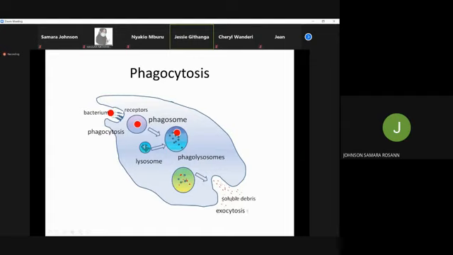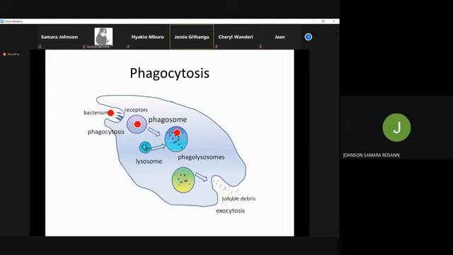And now this will be able to enter the blood and go through the kidneys and be excreted, usually through the kidneys out of the body.